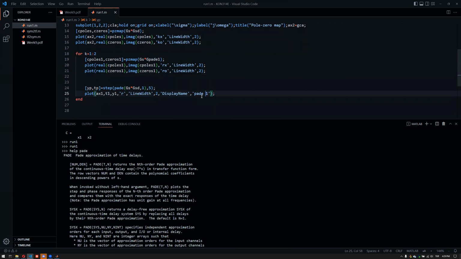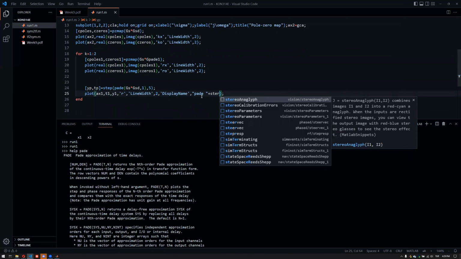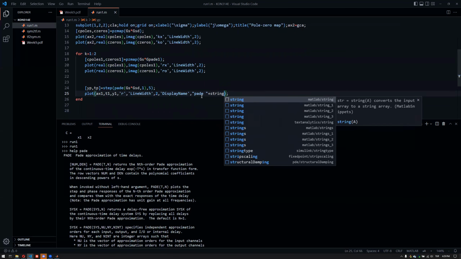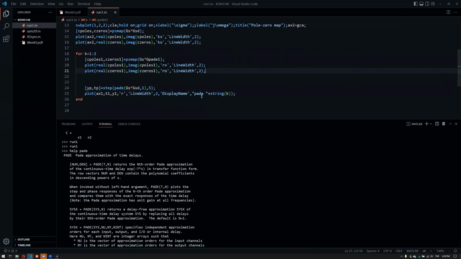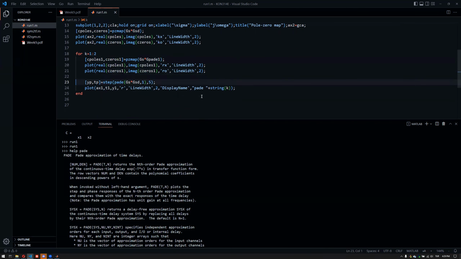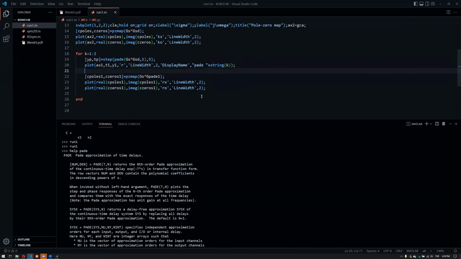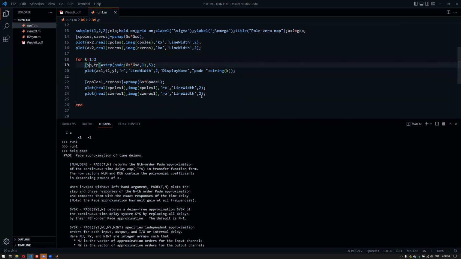Now here I can change this into a string, plus string. Okay. So there we go. Let's call it TP, YP, zeros, false.